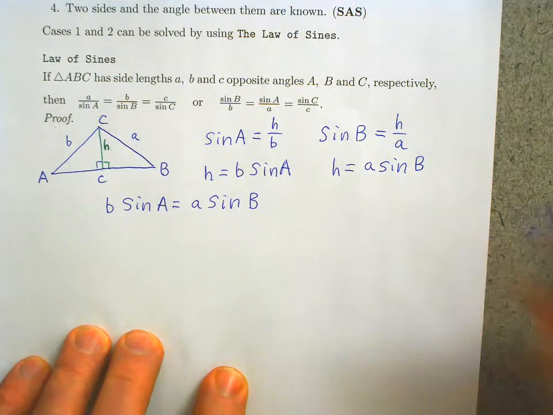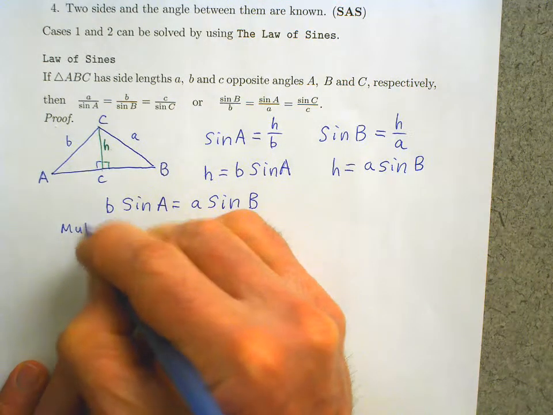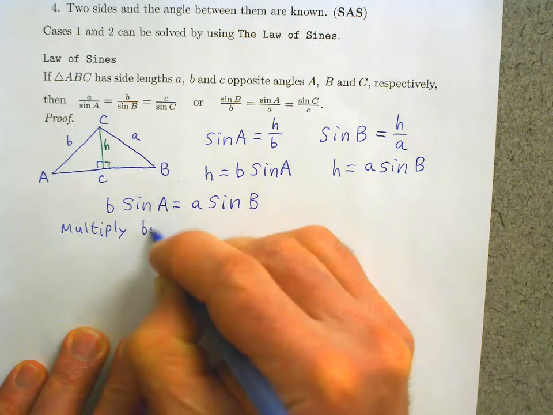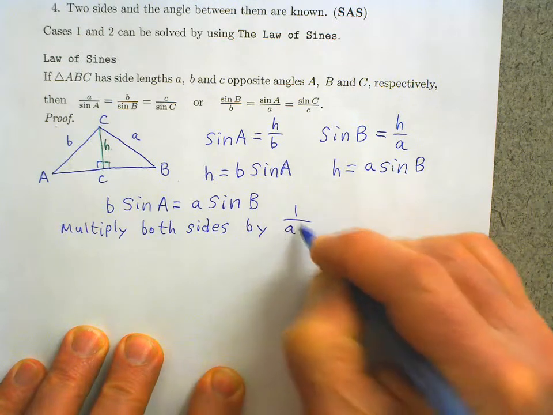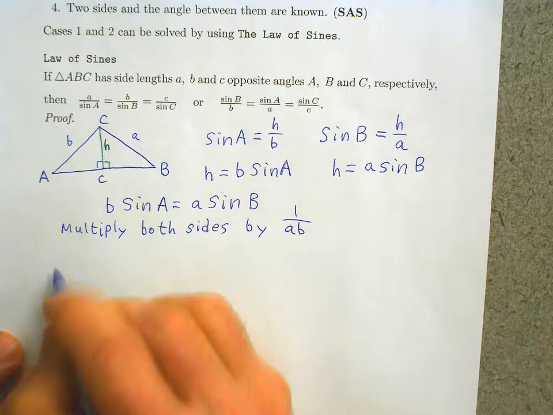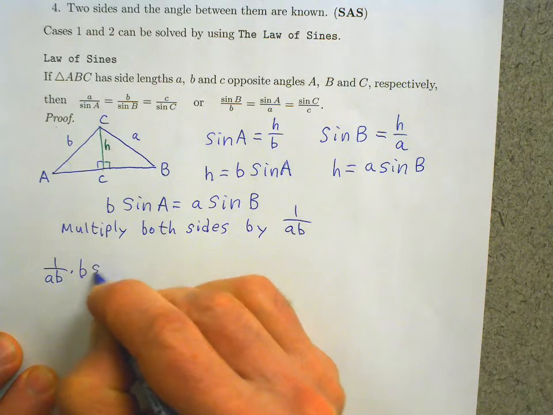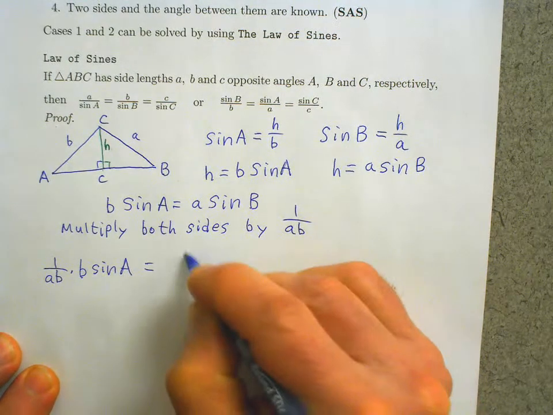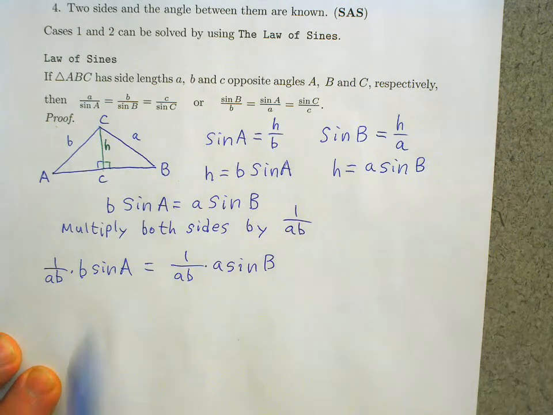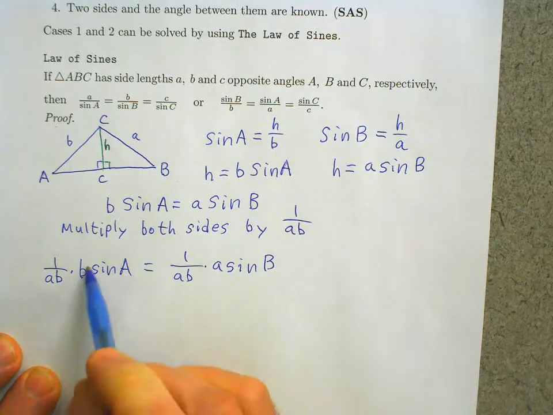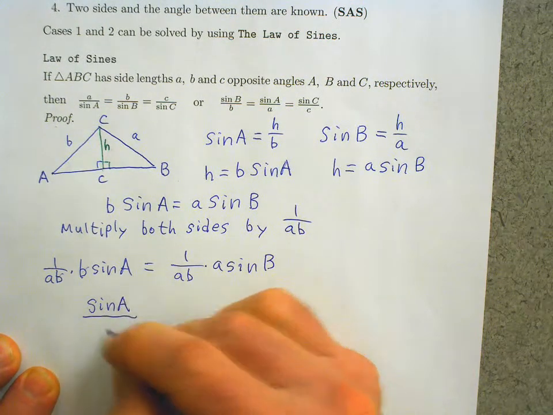Then if we multiply both sides by 1 over ab, 1 over lowercase a times lowercase b, I get 1 over ab times b sine of A equals 1 over ab times a sine of B. On the left, the b's cancel, and 1 over a times sine of angle A is sine of angle A over lowercase a.